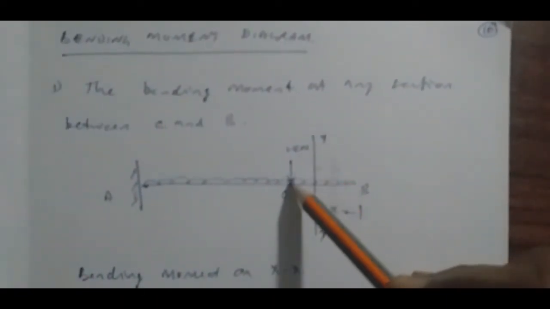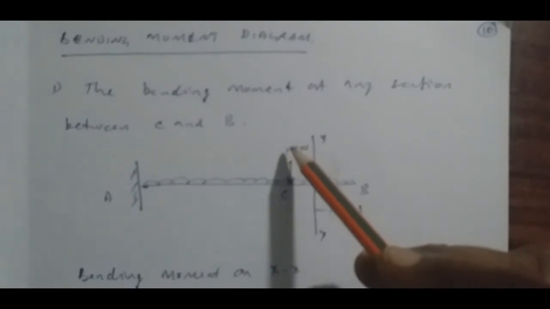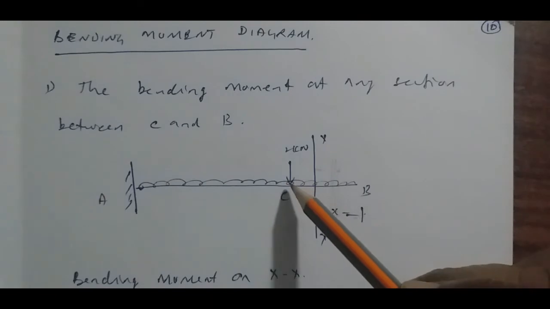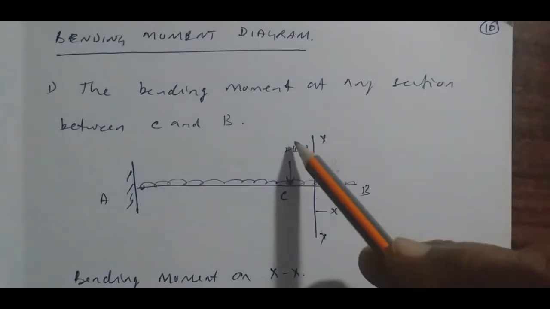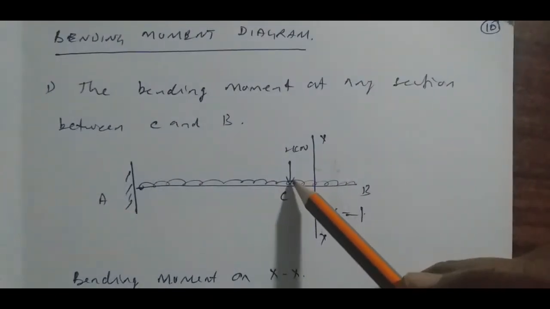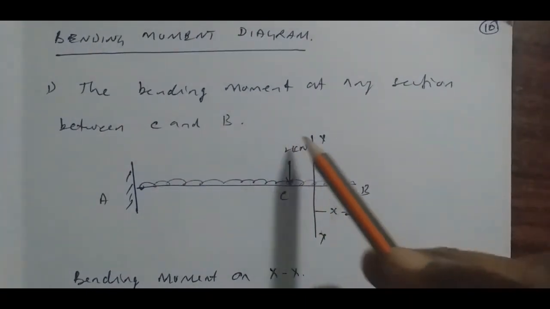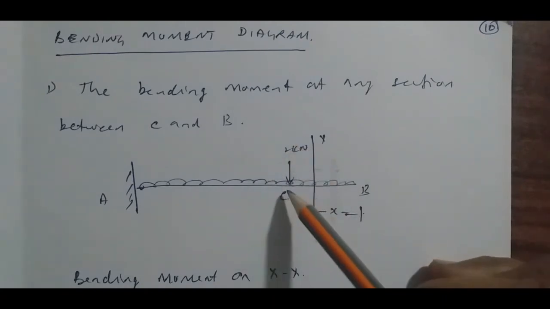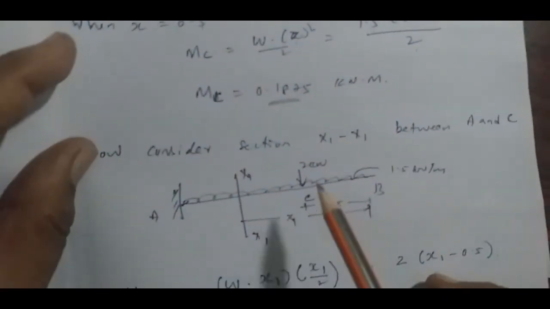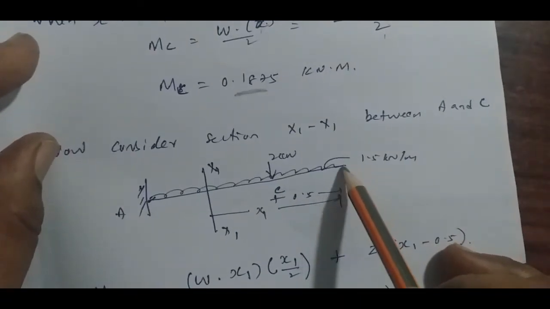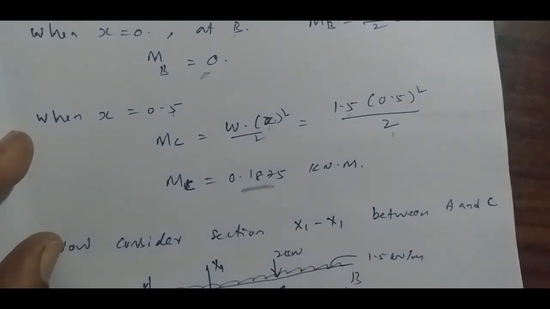As I already told you, to find the bending moment, ignore the load acting at the point considered, because there is no distance between the point considered and the line of action of the load. Since the line of action passes through the point, the distance is 0 and the moment will not come due to that load. So we will have at the free end a bending moment of 0, and at C the bending moment is 0.1875.